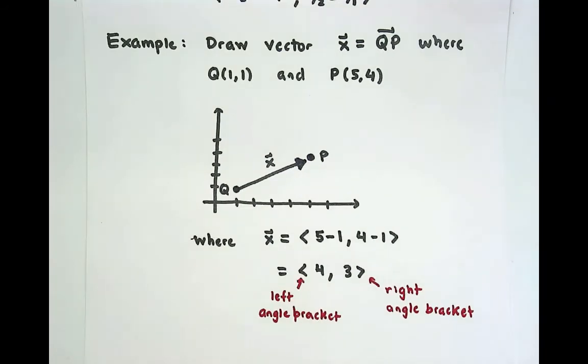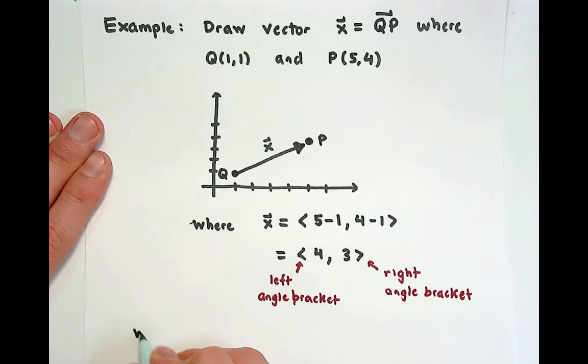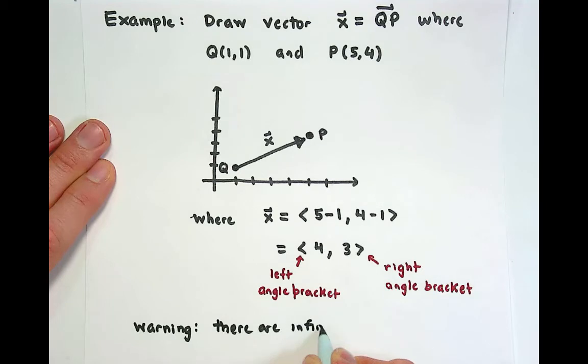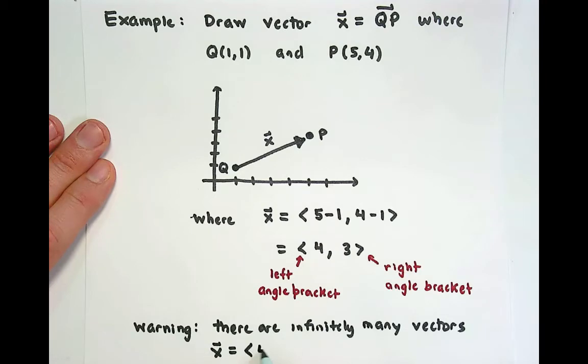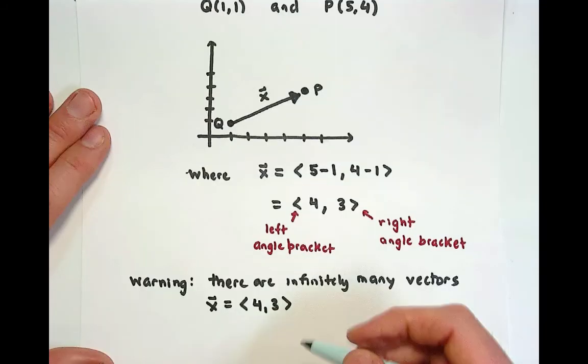So notice, the last thing I'm going to say is, warning. There are actually infinitely many vectors x that take the form ⟨4, 3⟩. So in particular, we could write another vector that starts at the origin.